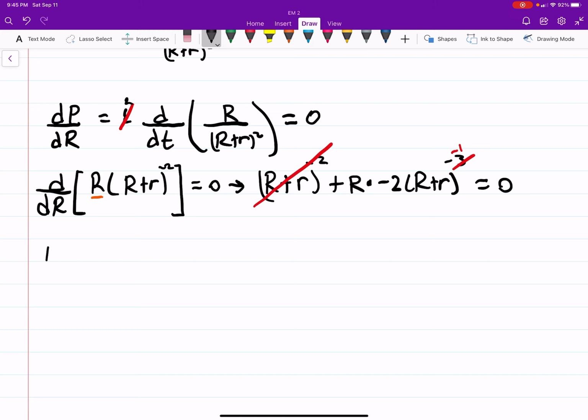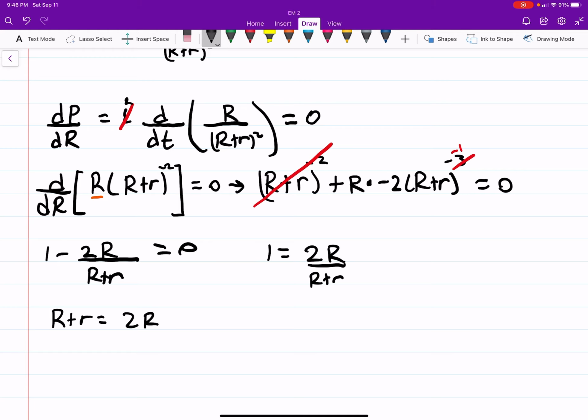So we're going to get 1 plus R over, I guess, minus 2R, like that. Well, in that case, 1 is equal to this, or big R plus little r is equal to 2R, or simply little r is equal to big R.